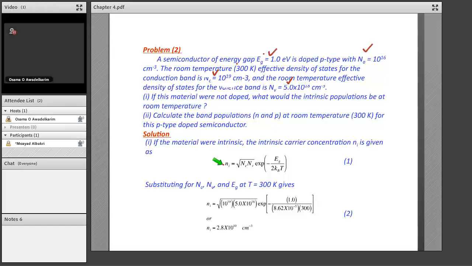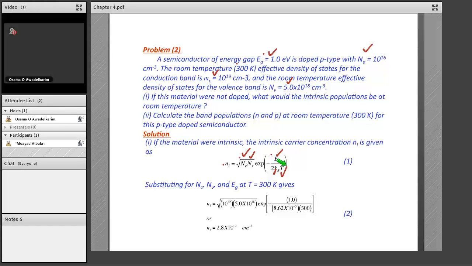It is equal to the square root of the product Nc times Nv, times exponential minus Eg over 2 kB T. So now we have Eg, Nv, Nc, kB, and temperature.